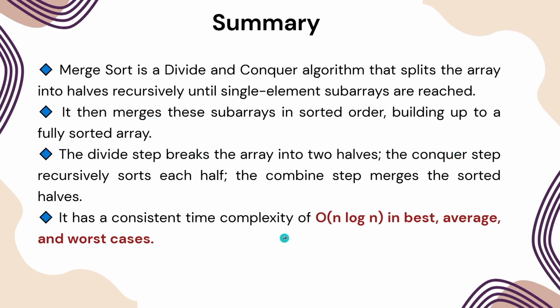The time complexity of merge sort is always consistent, so the best, average and worst case are all order of n into log n. Irrespective of the size of input, it performs the same way, and it is claimed to have a consistent time complexity.